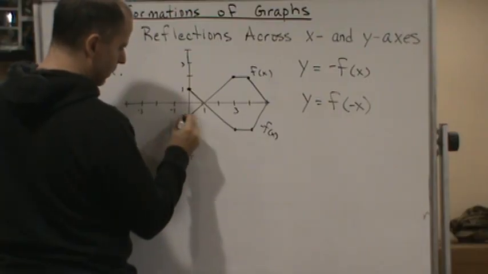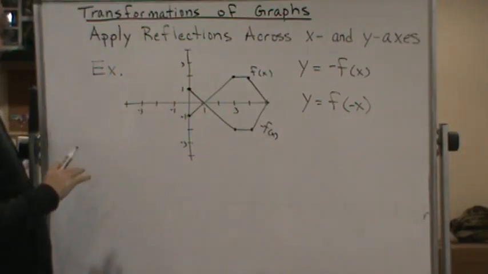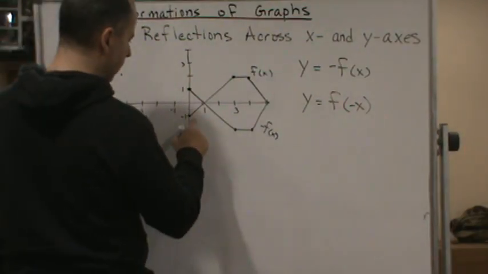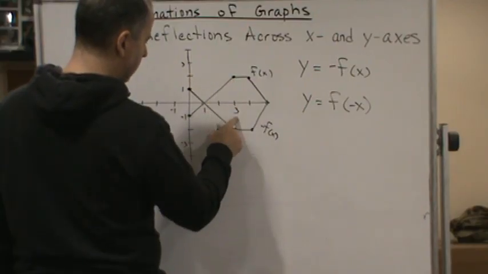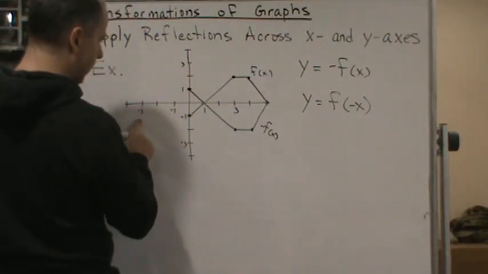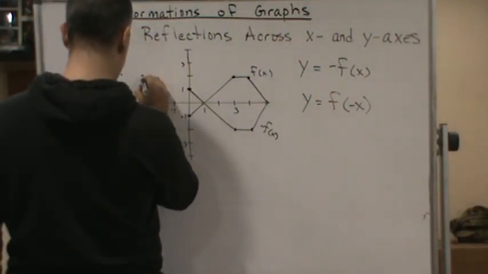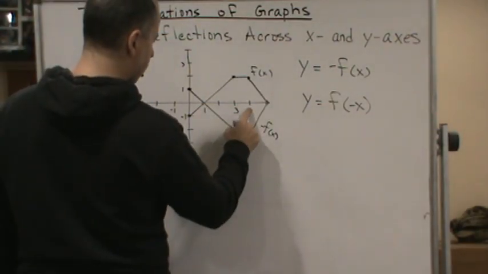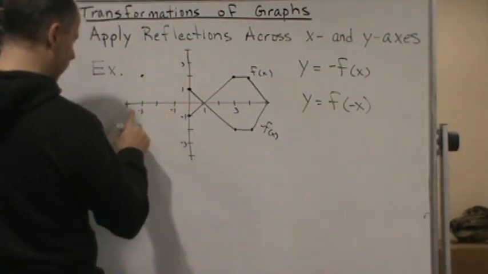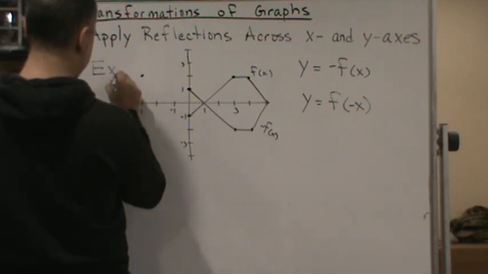So x is 0, so the opposite of 0 is still 0. And then this point here at 3 is going to go to -3, so we're going to go to (-3, 2). So that's going to be right about there. And then this point here is going to go from 4 to -4, so that's going to be at (-4, 2).